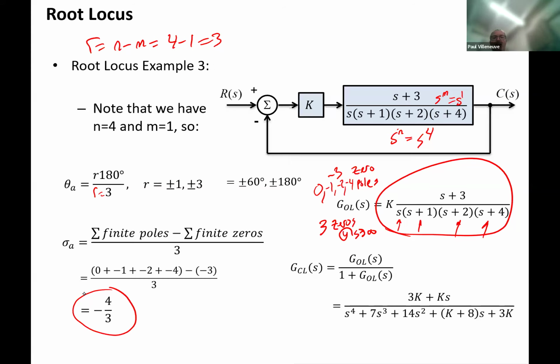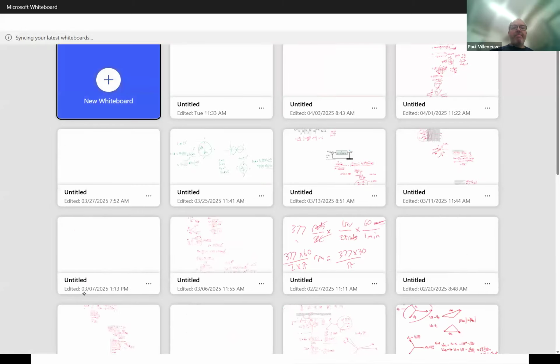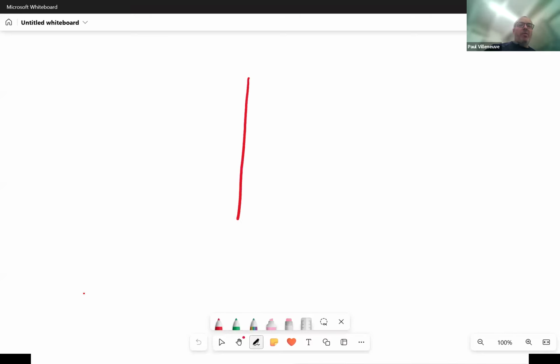Okay. So if I'm going to draw those, I will draw. And this is just a suggestion for how to start drawing these things, but I find it really, really helpful to draw them this way. So I put my pole zero map here first. All right. Now I'm going to go ahead and show my roots.